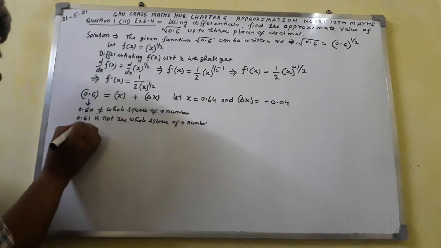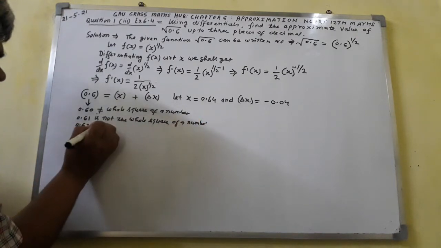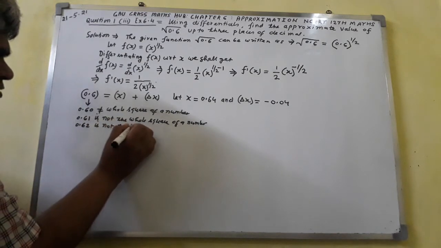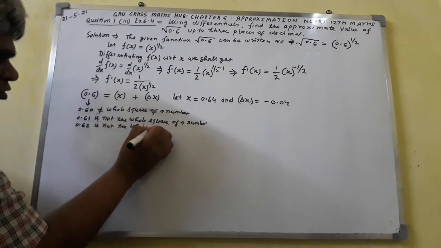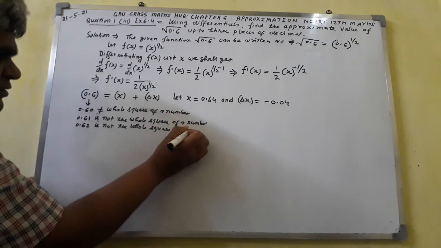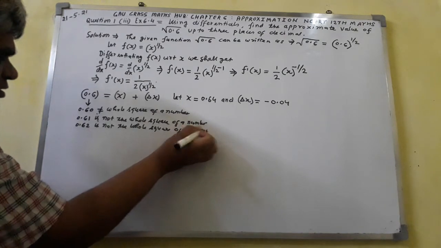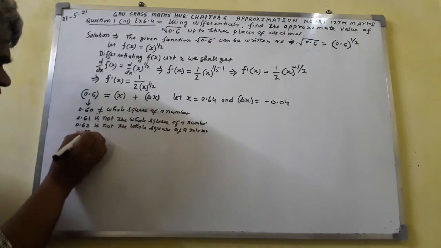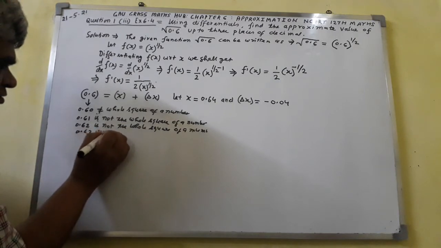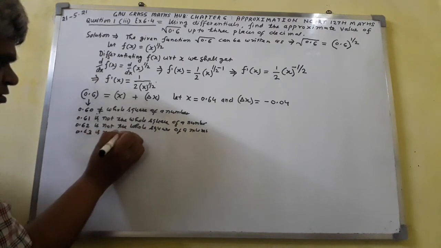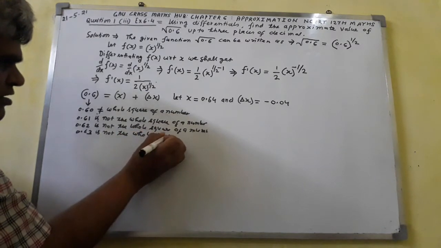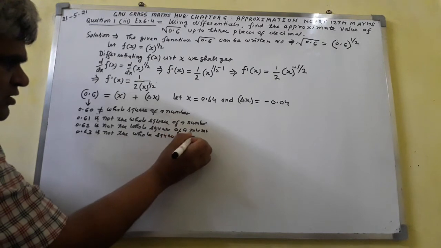Like that 0.62 also is not the whole square of a number. Like that 0.63 is also not the whole square of a number.